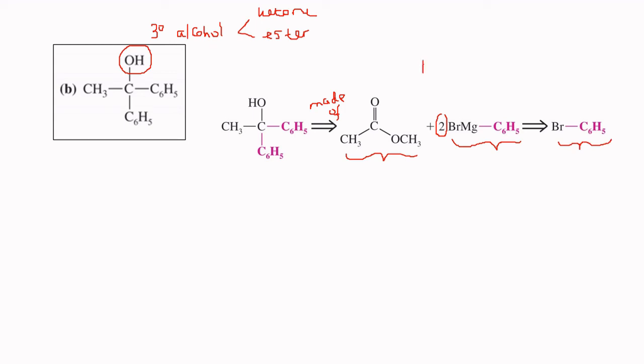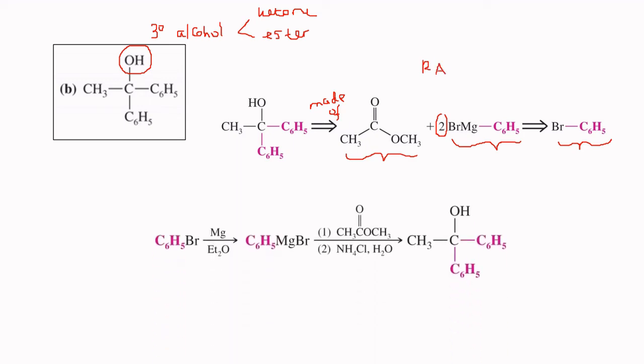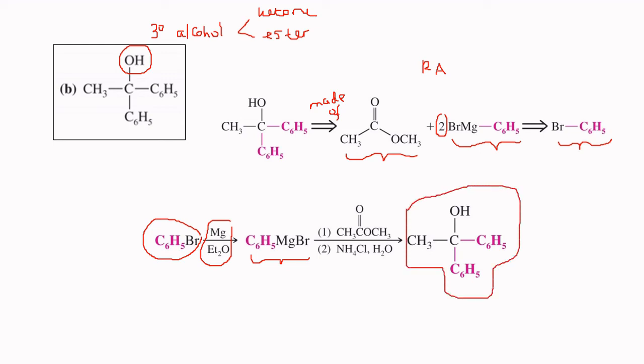Okay, this is the retrosynthetic analysis. So what about the forward synthesis? When we have the alkyl halide here, we react with magnesium in ether, so we will get the Grignard reagent. This Grignard reagent we react with the ester, and then with the addition of ammonium chloride, we will get the final compound.